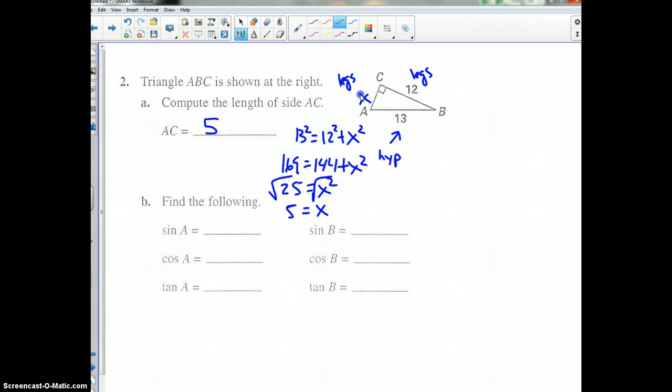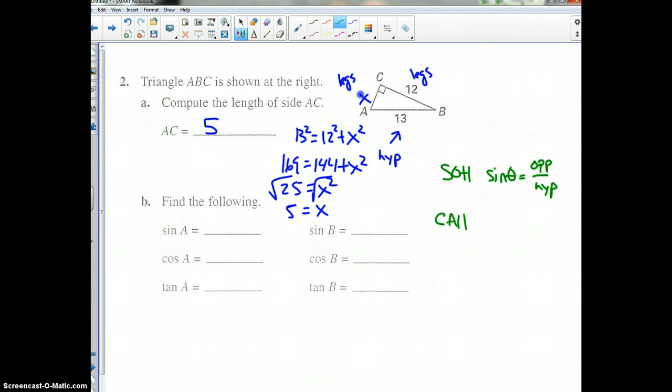So just to review, the sine, cosine, tangent. You recall SOHCAHTOA. So SOH means the sine is the opposite over the hypotenuse.